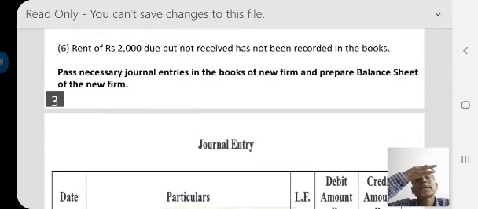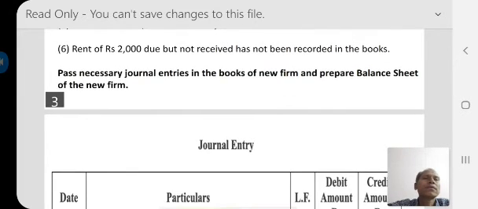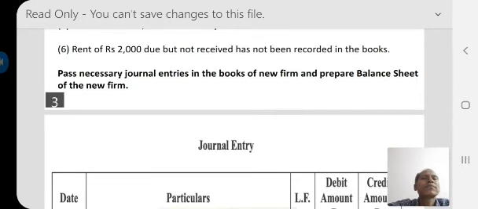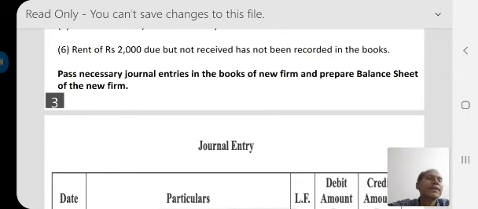Rent of 2,000 is due but not received. It is due to us. It is an income to us. So it is not received and not recorded. So now it is to be recorded. It is also the aspect which increases the balance of the revaluation account at the credit side.